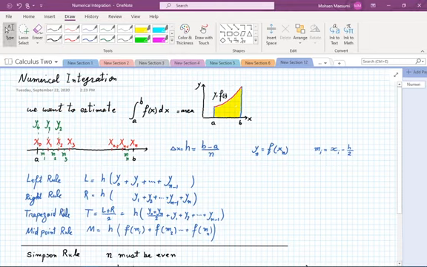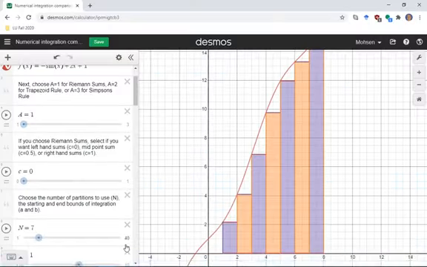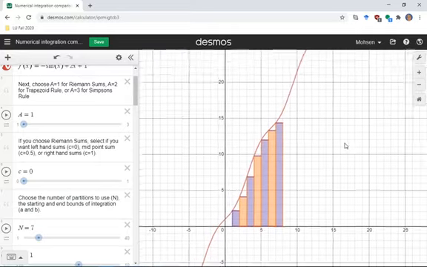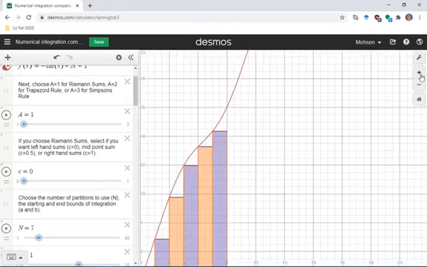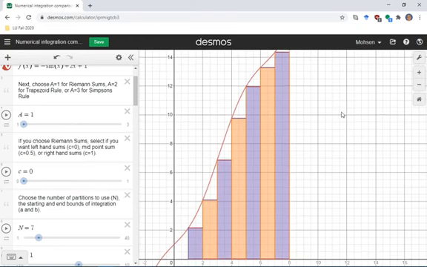Again, let me remind you the difference between the left and right. So in the left rule, let's shrink this a bit. So we take the base, which is the width of all of these rectangles. The heights are changing. Here's height number 0, height number 1, height number 2, and so on.